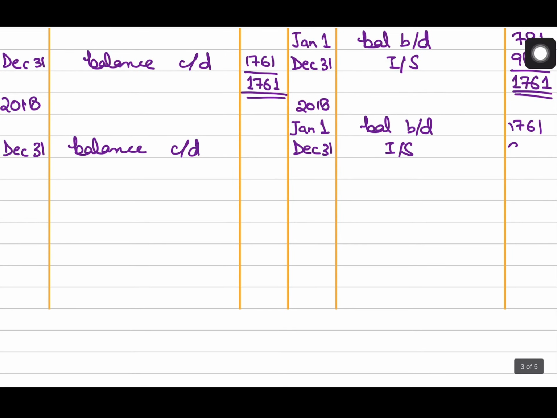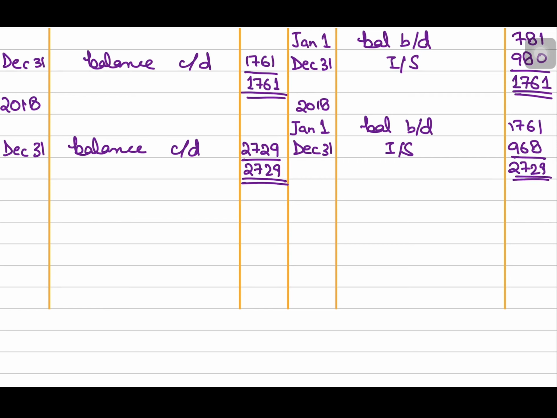Okay, so 968. Then this means that my balance carried down, that is my accumulated depreciation, will be 2729. Okay, this is my total as well.